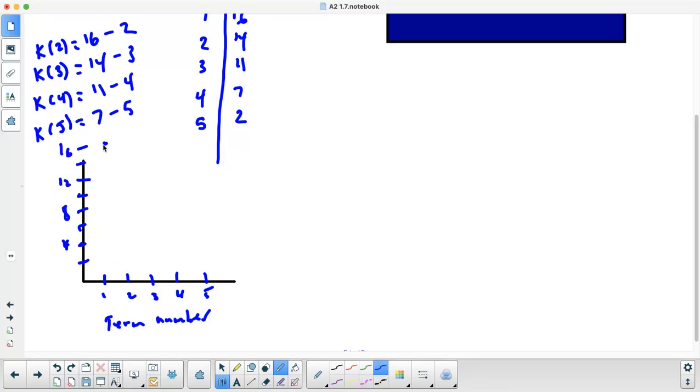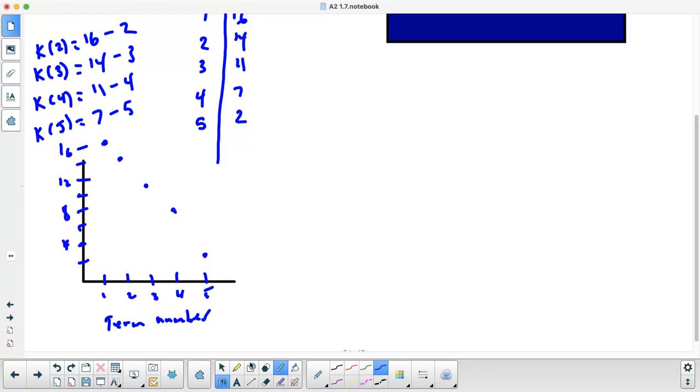So term 1's up here at 16. Term 2 is at 14. Term 3 is at 11. So that's going to be kind of right in between there. 4 is at 7. And term 5 is at 2. All right, so there you go.